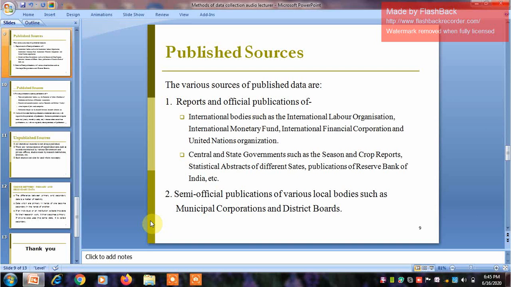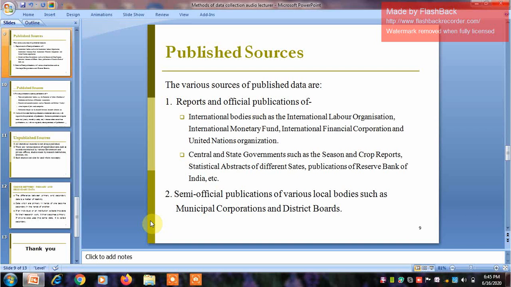And when you are making a survey about agricultural crop seasoning, you can get reports from season and crop reports, statistical abstracts, and you can also refer to the publications of the Reserve Bank of India when your studies are related to the monetary policy of our country.